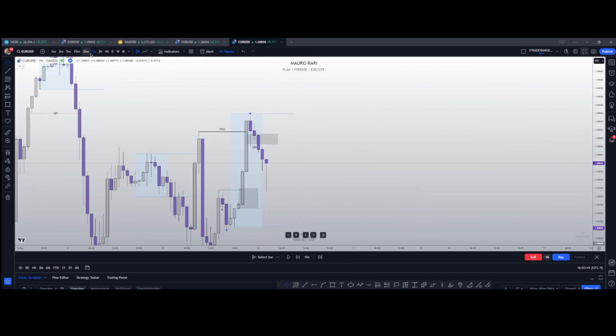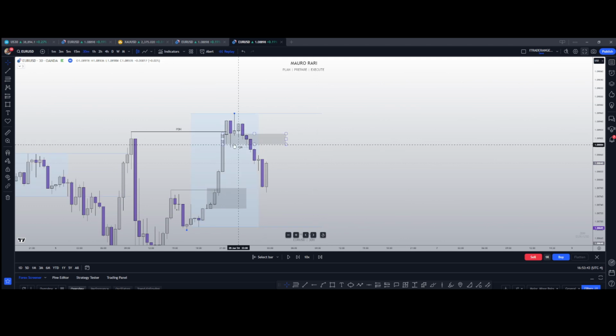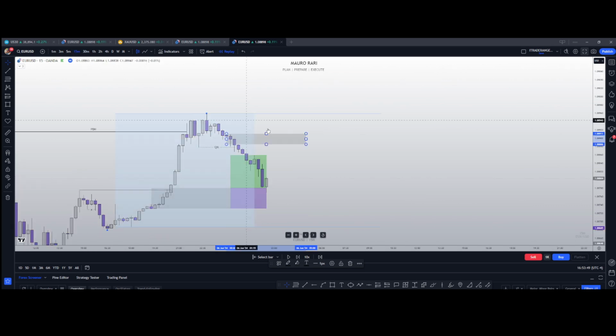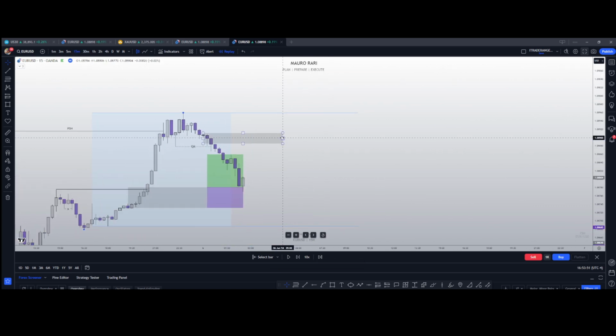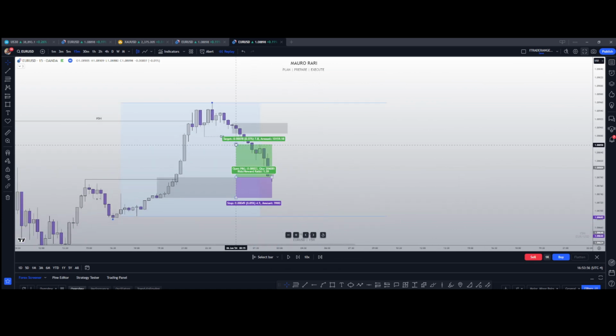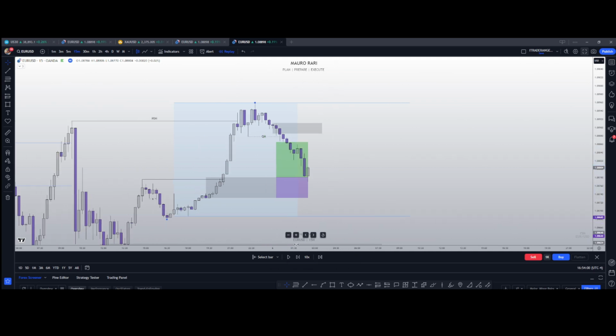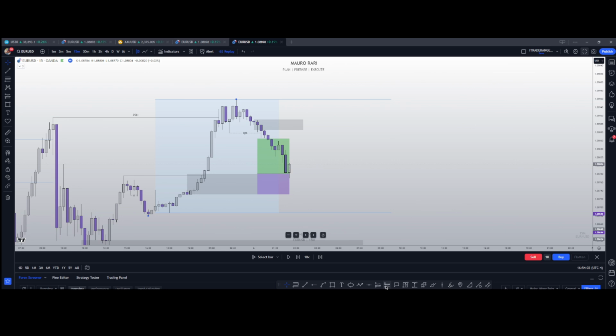Okay, and then let's see if we can grasp a little bit more. I like this one. I'm pretty much okay with this one. Okay, so definitely I can lift a little bit more my target over there, and I'm gonna place my entry short here.